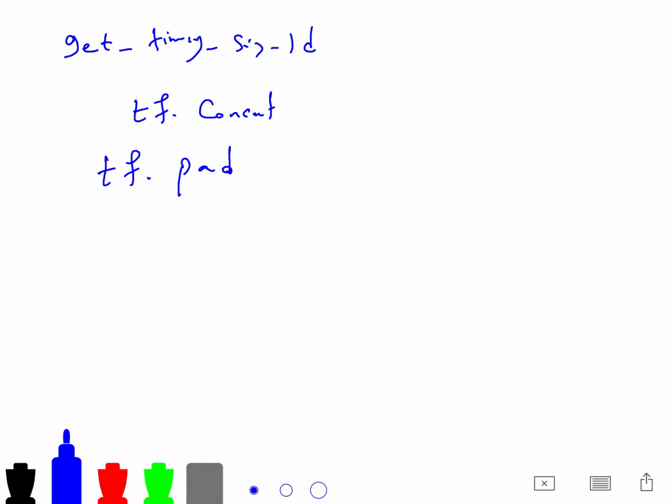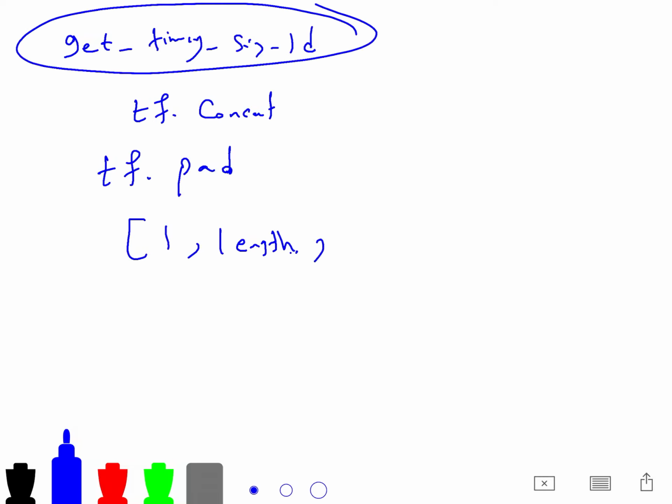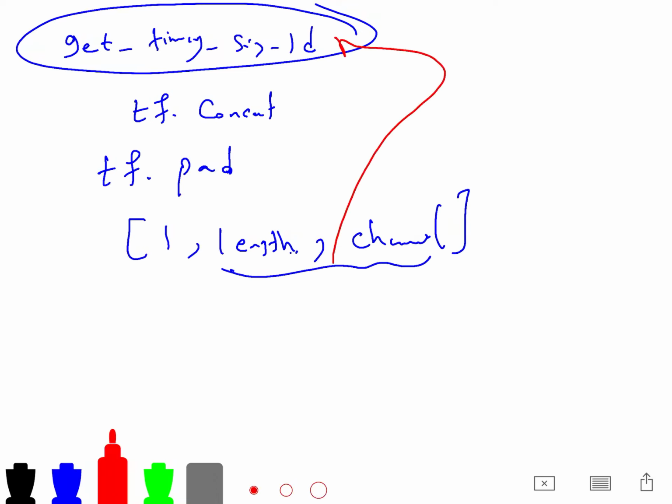You reshape your final variable to one, length, channels, because length and channels are the inputs of this function.